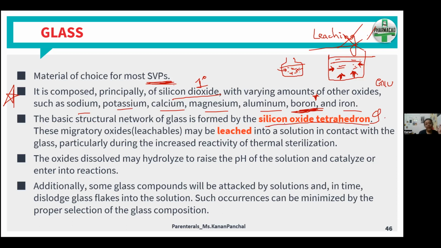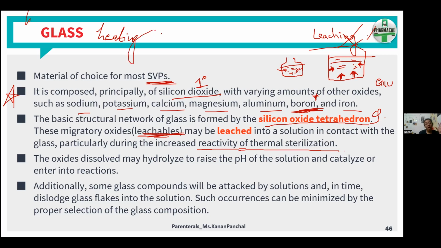All right. And these migratory oxides, which is called as the leachables. Okay. Migratory because they can migrate into your formulation, may be leached into a solution in contact with the glass, particularly during increased reactivity of thermal sterilization. Okay, so this migration or the process of leaching is enhanced by the process of heating.